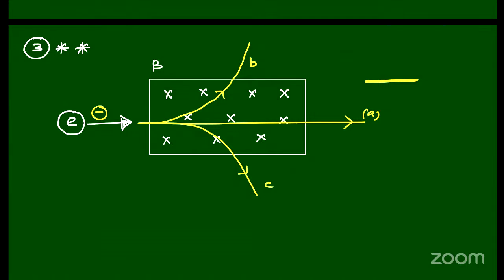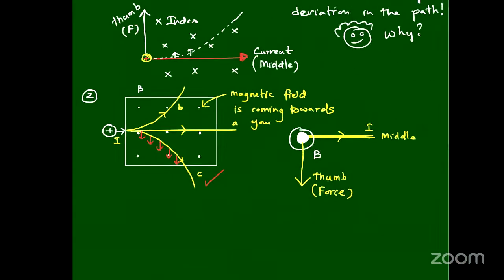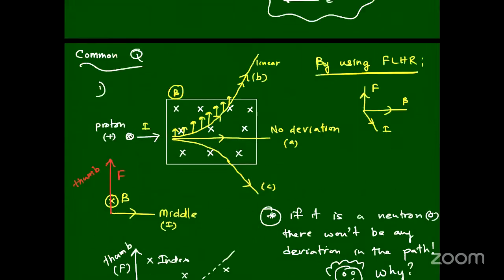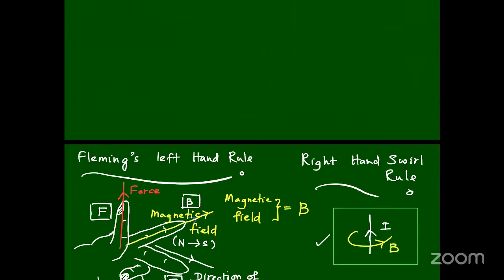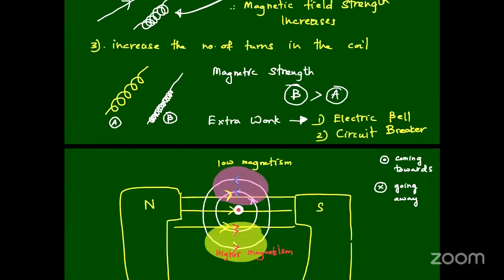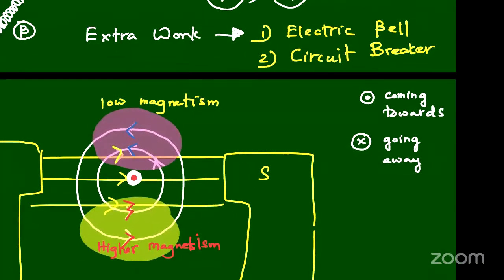And if something is going through that plane in this direction, we can say it like this. And if it is coming towards you, it will be like this. This is not the perfect example. Going through the plane, like going towards the plane, is like going away from you, right?